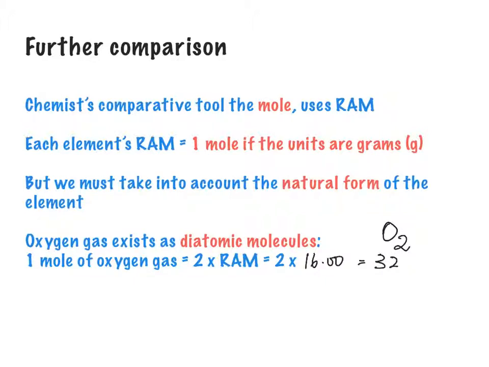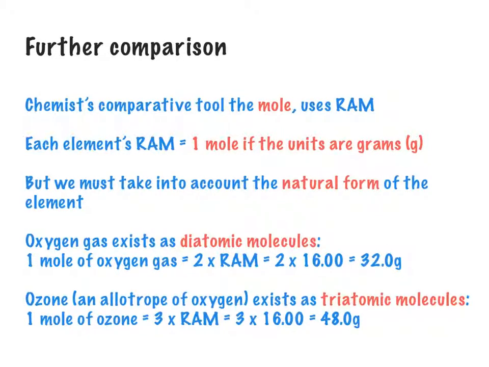Since we're talking about moles, 1 mole would be 32 grams of oxygen. If we were talking about just the atoms, we're talking about atomic mass units, so it would be 32 AMUs.